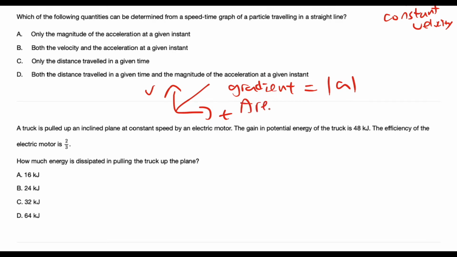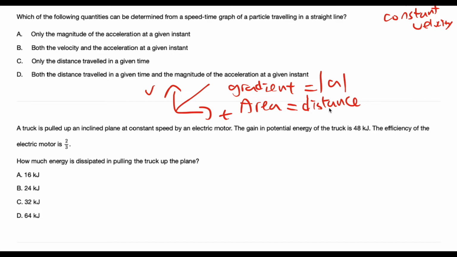And we know the area under the curve is going to be equal to distance. So gradient is equal to the magnitude of acceleration, and area is equal to distance, which is equal to the sum of the absolute values of displacement.